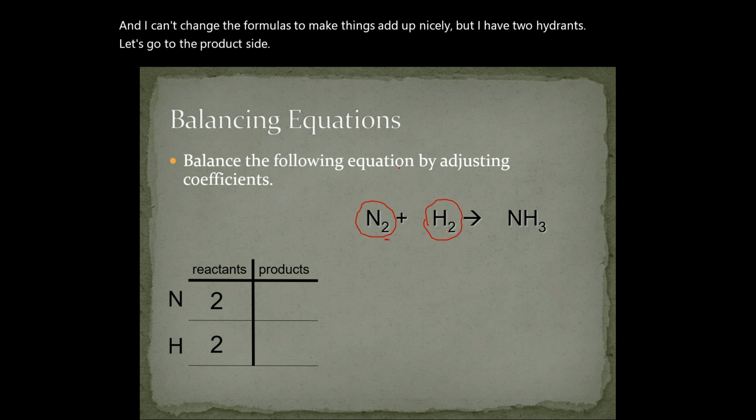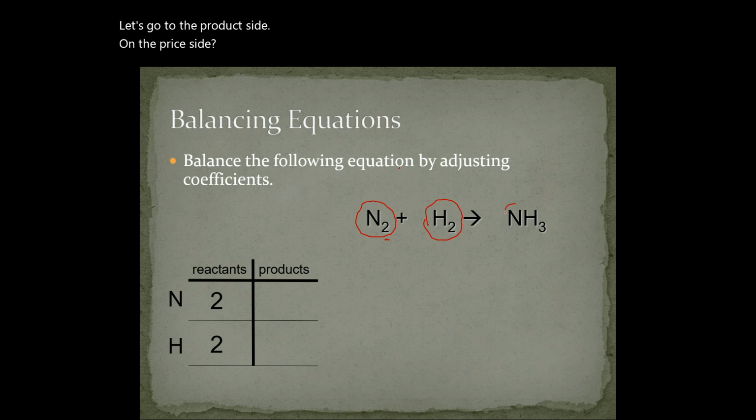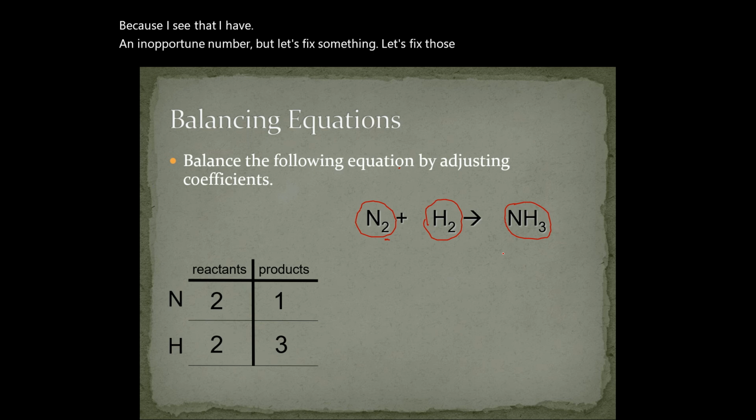On the product side, if I look at ammonia, that ammonia, again, I can't change the formula, has 1 nitrogen and 3 hydrogens. So right now I can tell it's not balanced because I have an inopportune number. But let's fix something. Let's fix those nitrogens first.